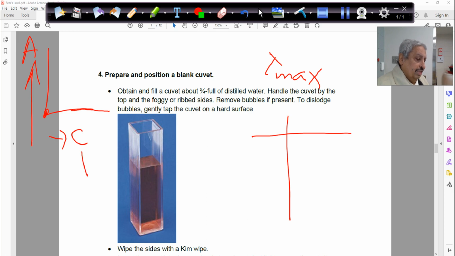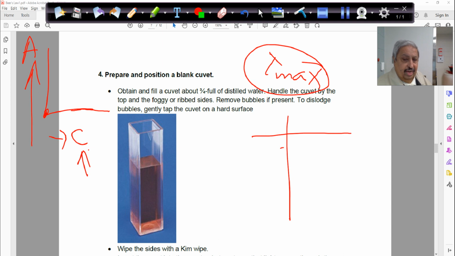We will not give you the concentration. We calculated the concentration. We'll make a table for this, but you will have to determine what's the optimum wavelength that this solution can absorb light. You will determine it with the software, and then you will make yourself a table.